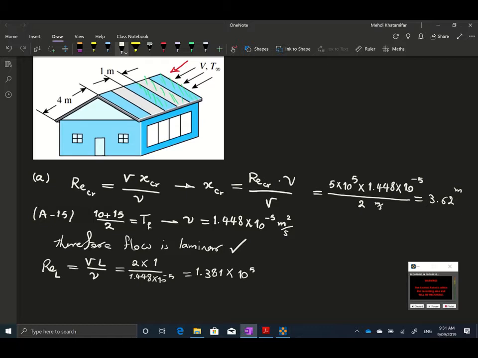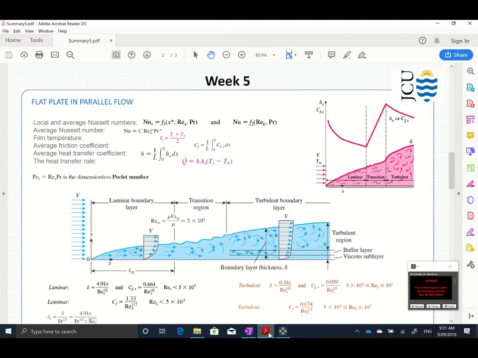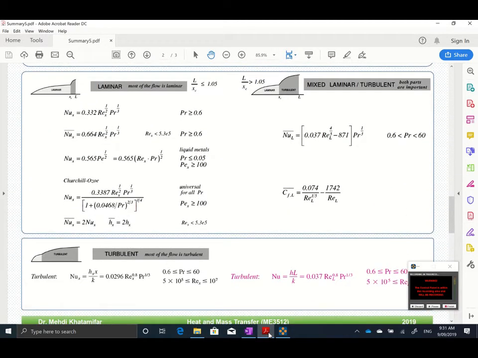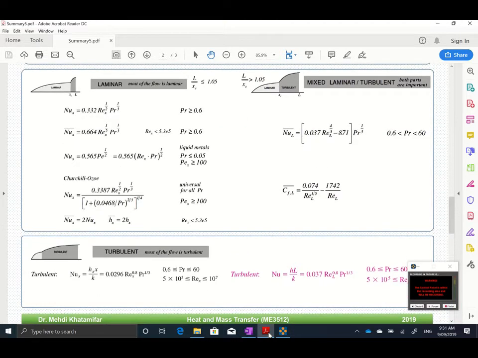Okay, so now I need to find the Nusselt number. Let's go back to the equation sheet and summary. These are the Nusselt number formulas for a flat surface. We know it's laminar, so we are supposed to be on the left side. Now we have a few choices.